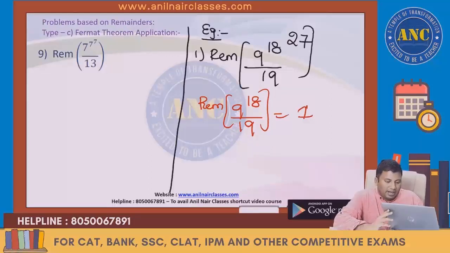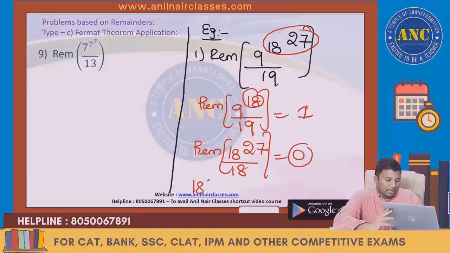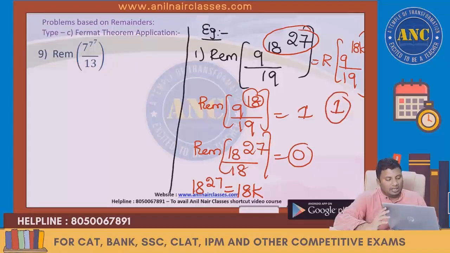So check this power with this number: 18 power 27 divided by 18, 18 ones are 18, perfectly divisible. So this is 9 power 18k divided by 19, and 9 power 18 divided by 19 is 1.